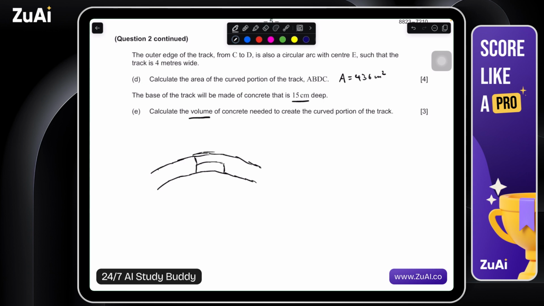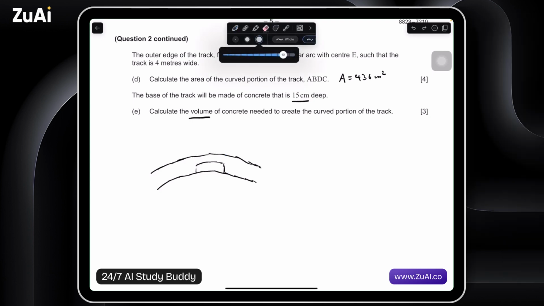We want to pour some concrete along here. I think that's okay. I'm going to try to do a slightly better job of this diagram because I think it may be important.